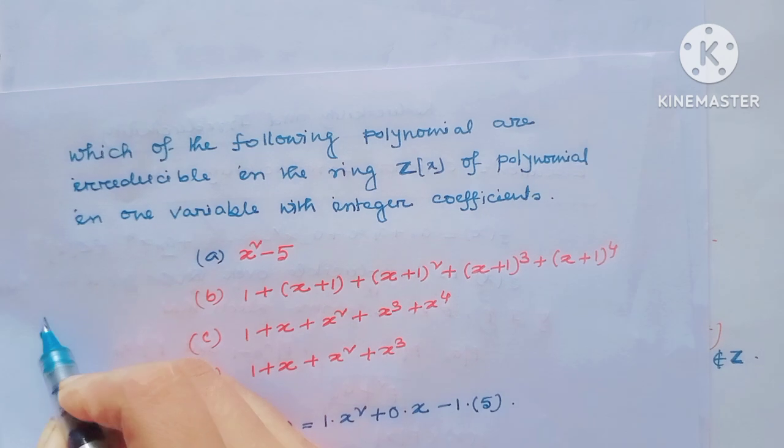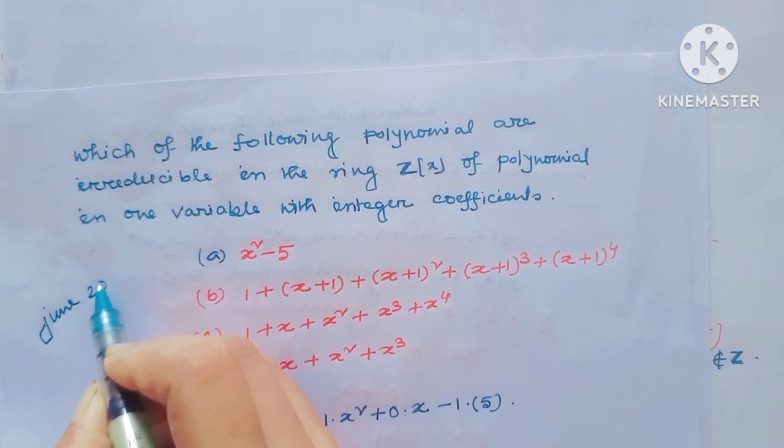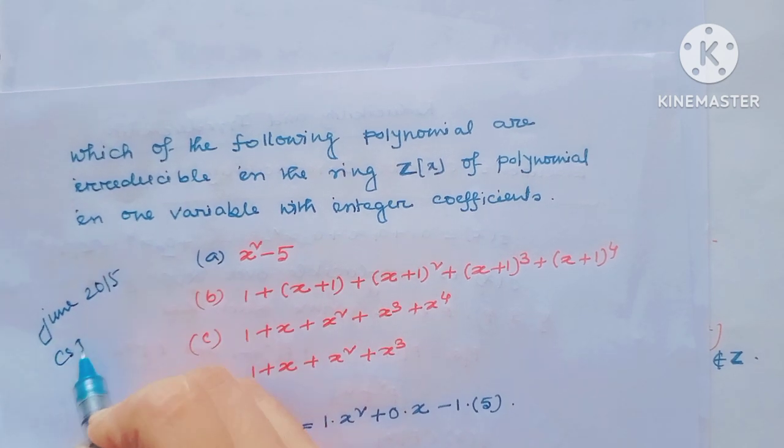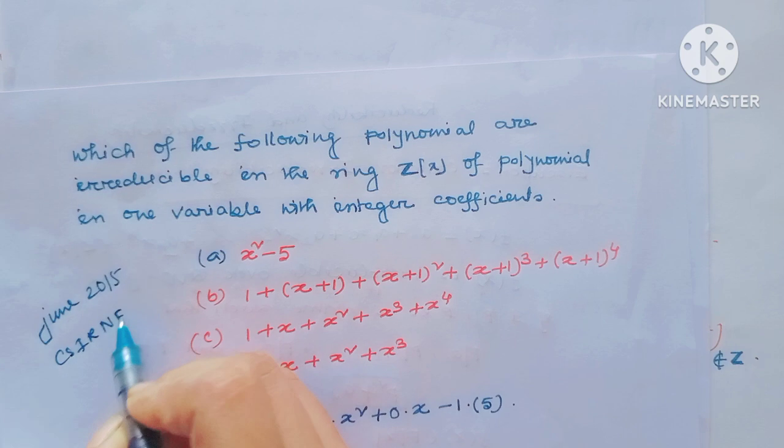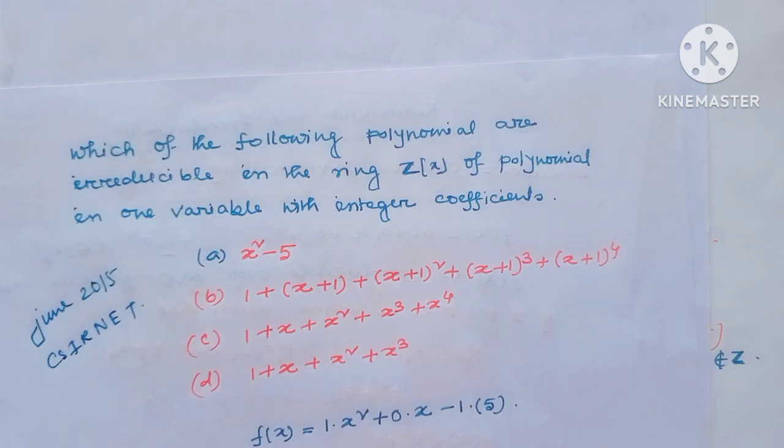Let's see one question which came in the June 2015 CSIR NET exam. The question is, which of the following polynomials are irreducible in the ring Z[x] of polynomials in one variable with integer coefficients? Option A, x square minus 5.